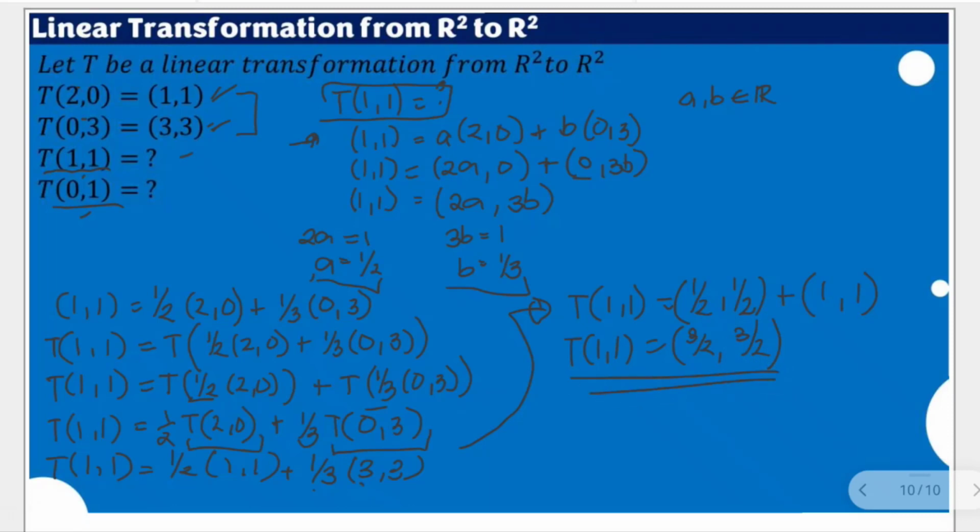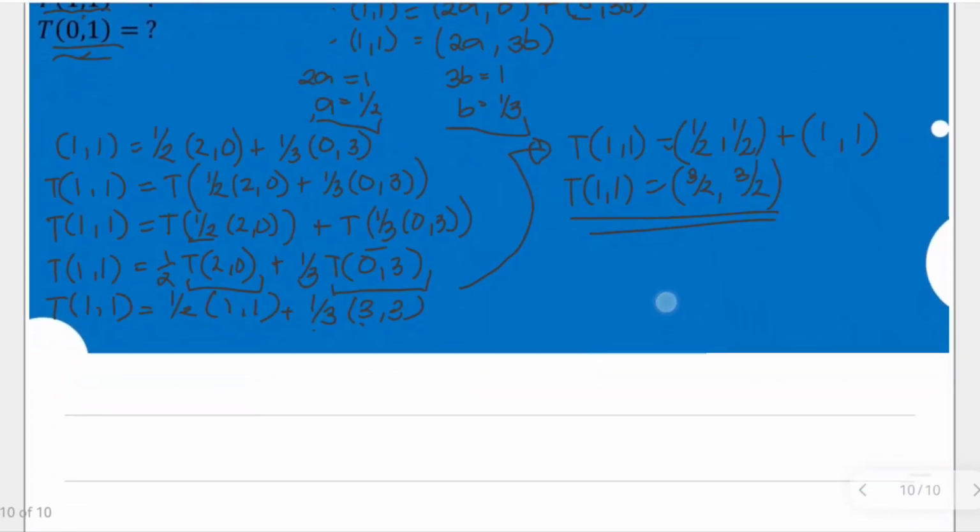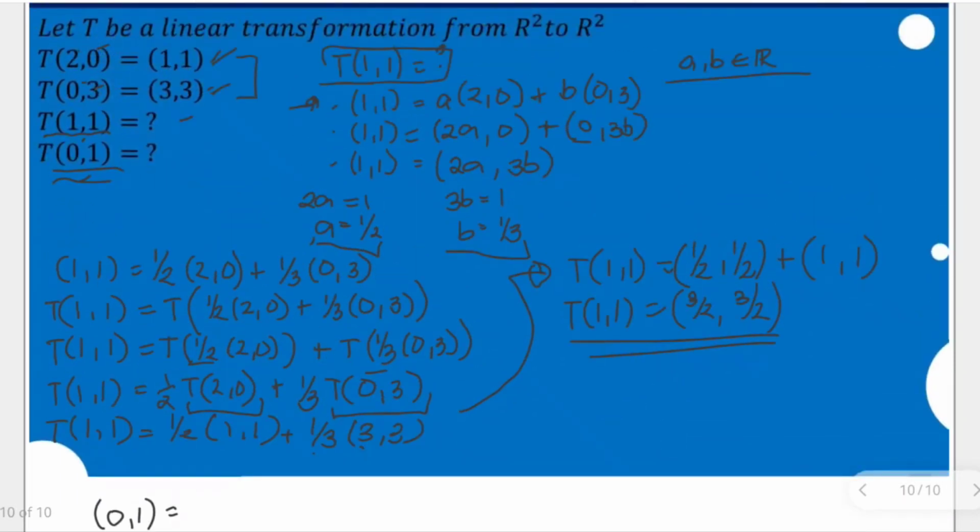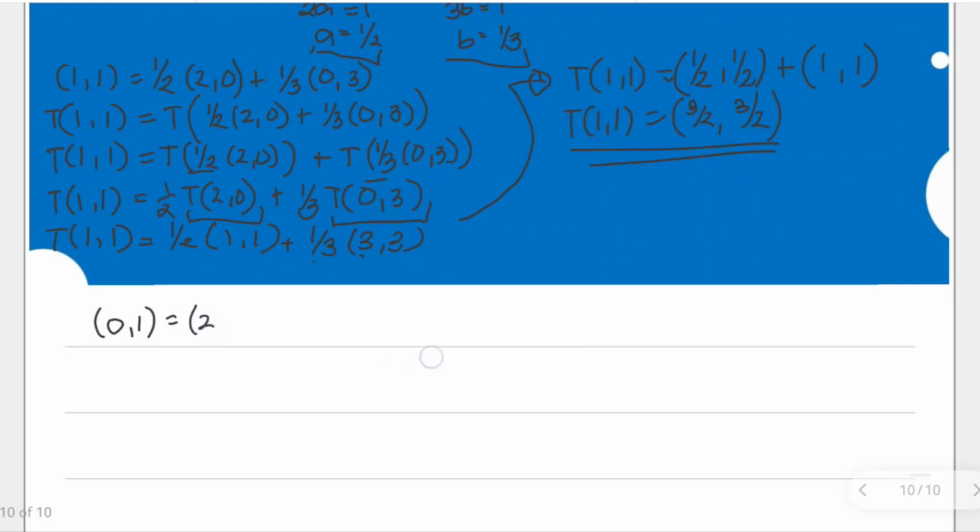Using the values of a and b here. But this a and b may not be true for this second step since we have a different vector now. But since a and b are still elements of R, if we're going to use it here in the second step, (0, 1) must be a linear combination of vectors (2, 0) and (0, 3). So you have a(2, 0) plus b(0, 3), again a, b elements of real numbers.